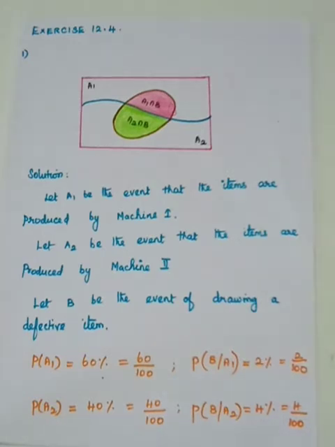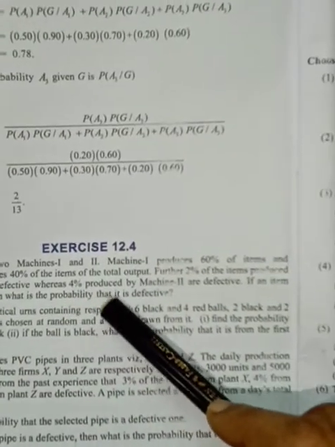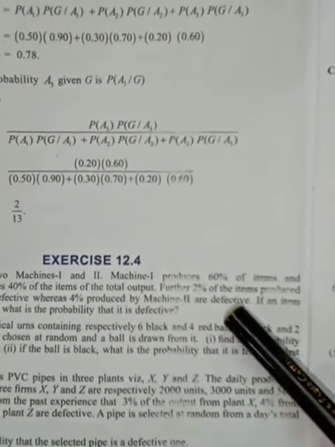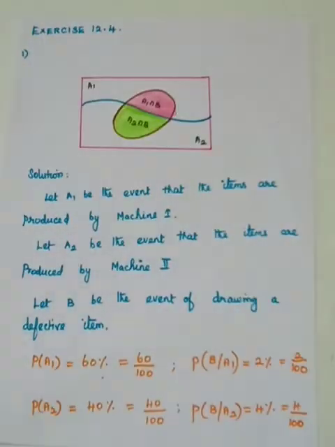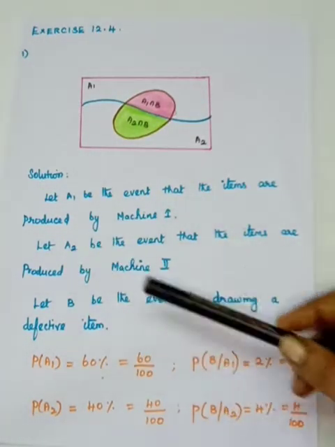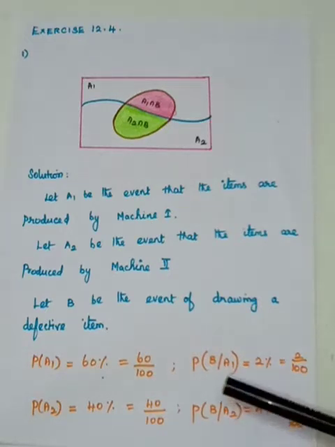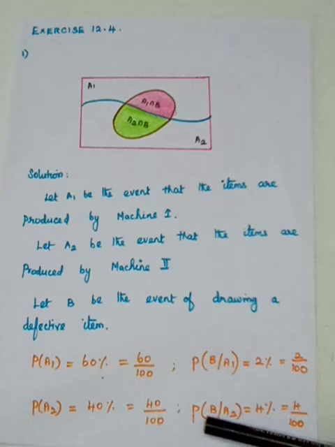And you see in the sentence, 4% of the items produced by machine 2 are defective. The items produced by machine 2 are the event A2. So we take the items from machine 2 and find the chance of producing a defective item. So P of B by A2 is equal to 4%, that is 4 by 100.